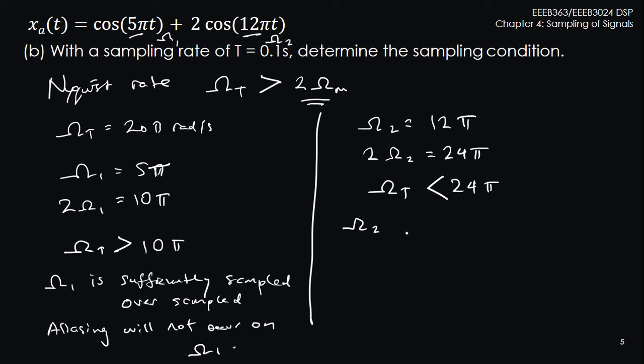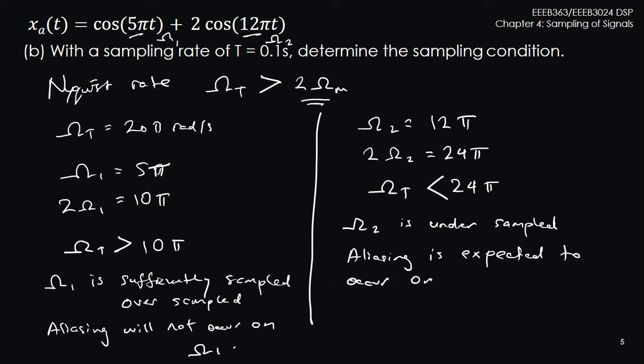Here we state that omega 2 is undersampled. That means sampling is not enough. Thus, we can expect aliasing to occur. Aliasing is expected to occur on omega 2. All right. That's it for part B.